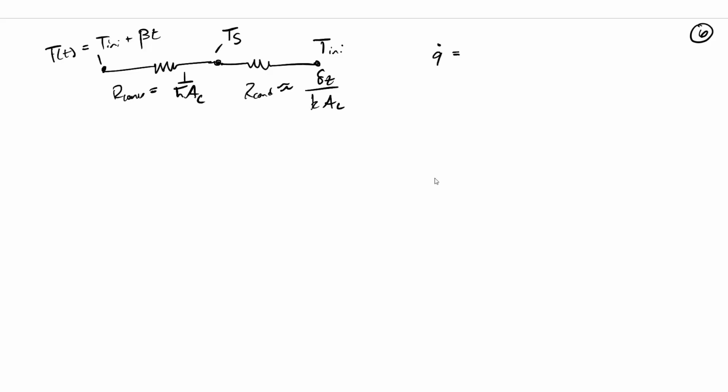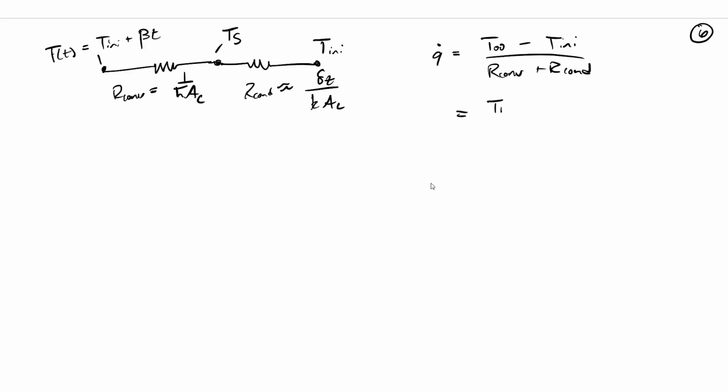Q dot is equal to T infinity minus T initial divided by R convection plus R conduction. Noting that T infinity is a function of time, let's sub back in what that function is.